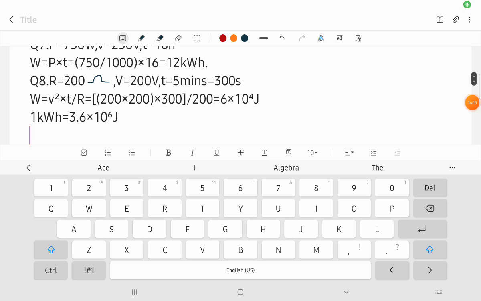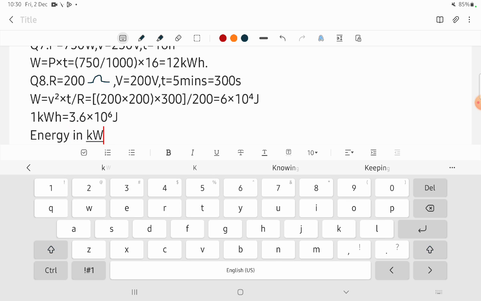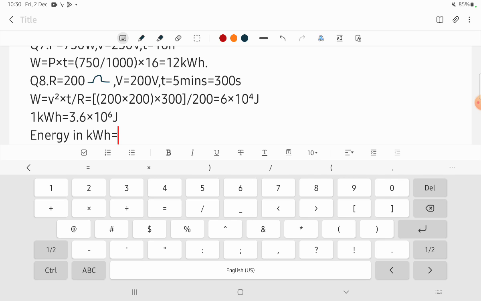Okay, so my energy in kilowatt hour will be 6 into 10 raised to the power 4 by 3.6 into 10 raised to the power 6. The answer will be 0.0167 kilowatt hour.